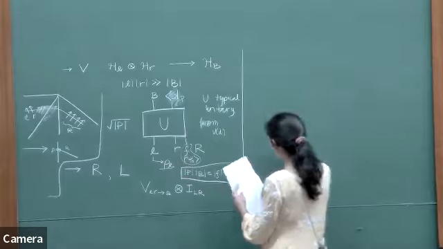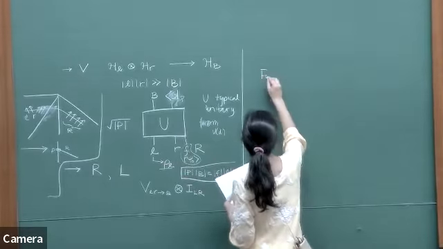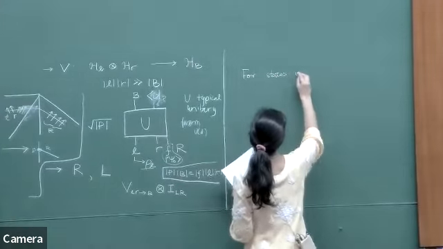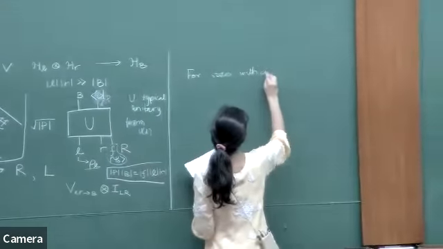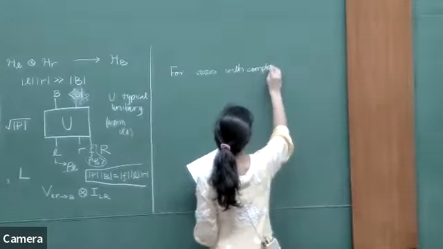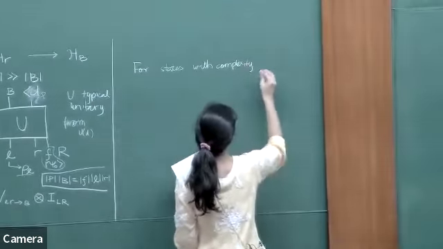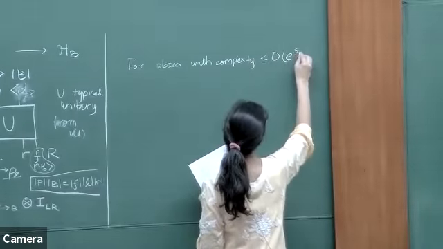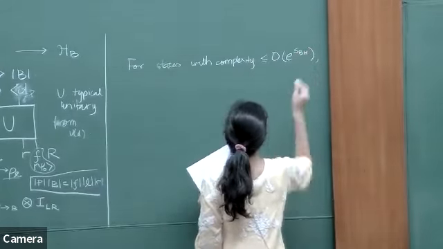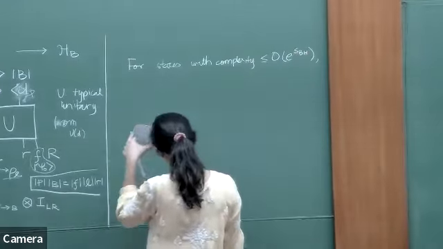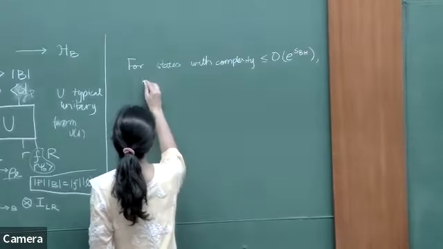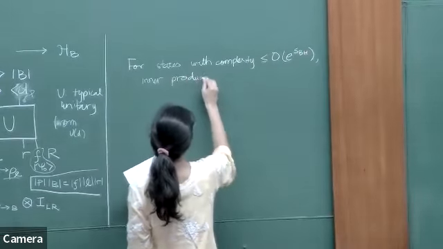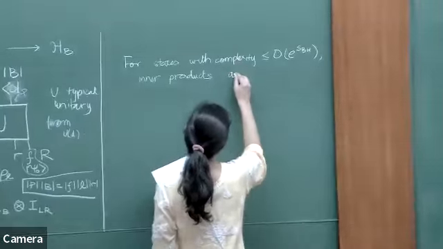I want to show that for states with complexity which is smaller, which is sub-exponential in the black hole entropy, the inner products are preserved, or they're approximately preserved.